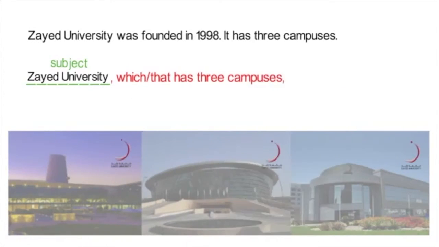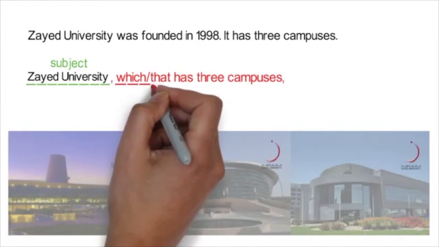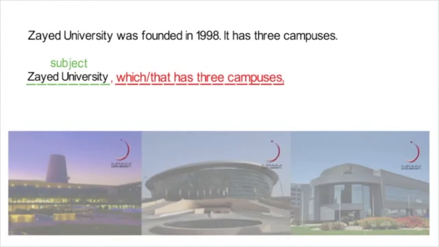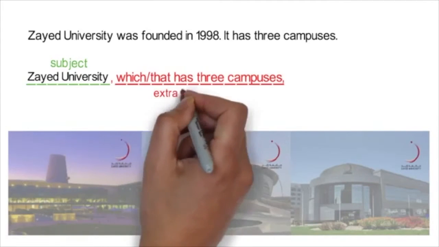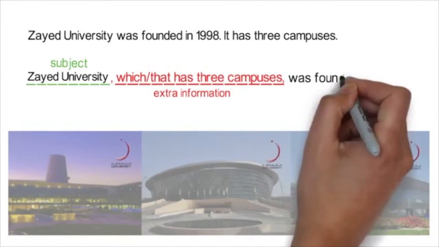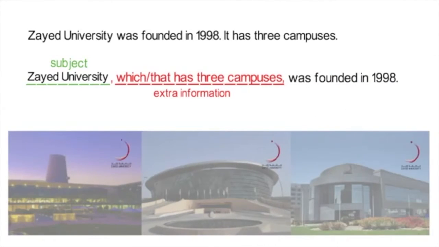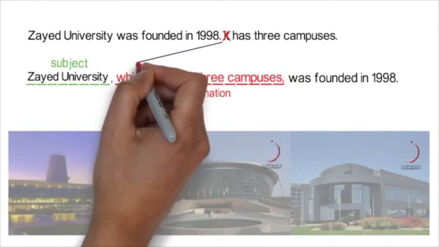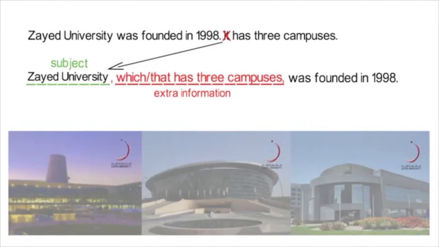After Zayed University, we add the extra information, which is a relative clause using information from the second sentence. So it should be, Zayed University, which has 3 campuses, was founded in 1998. You do not need to use the word it, since it refers to Zayed University, which is already written.